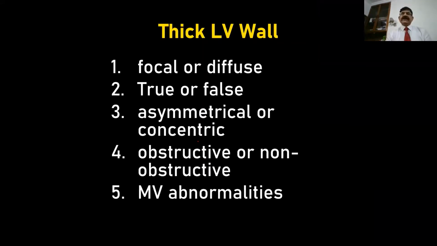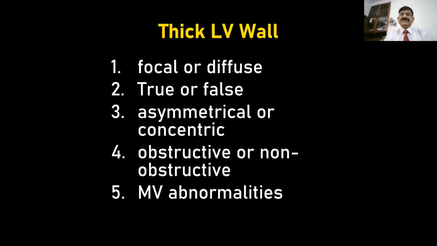When you find that the left ventricular wall is thick, you need to note 5 points. Is that wall thickness focal or diffuse? Is it segmental or generalized? Is it true or false? I showed you an example of a false hypertrophy, the second case. Is it asymmetric or concentric? That means all walls are equally thickened or one wall is much more thickened than the other wall.